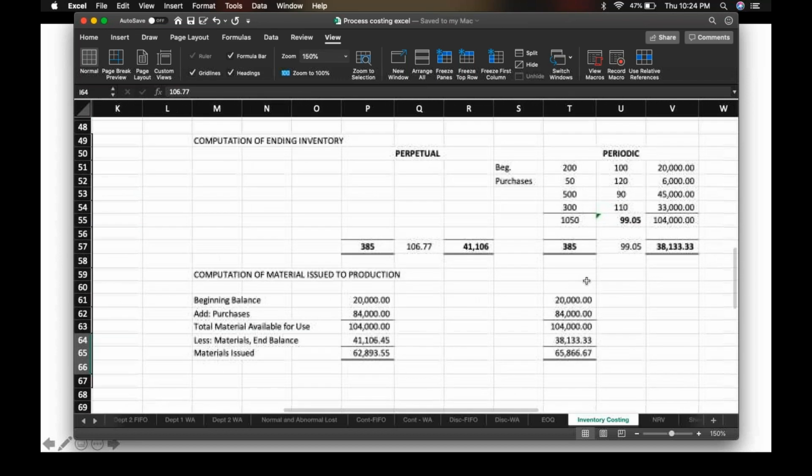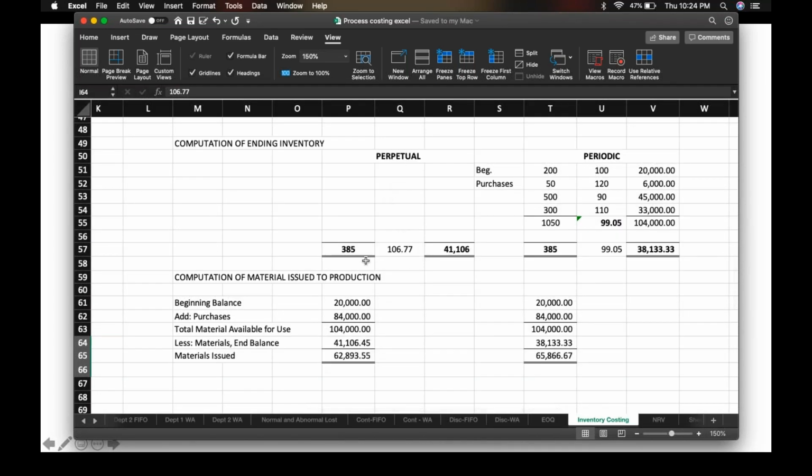So using perpetual and periodic, using perpetual, we already know 106.77 per unit times 385, we have 41,106. Sa periodic, since again walang stock cards, ang mangyayari doon, yung beginning mo plus lahat ng pinamili mo, you have to add it up, and then yan ang gagamitin mong denominator sa total cost ng purchases mo plus the beginning.